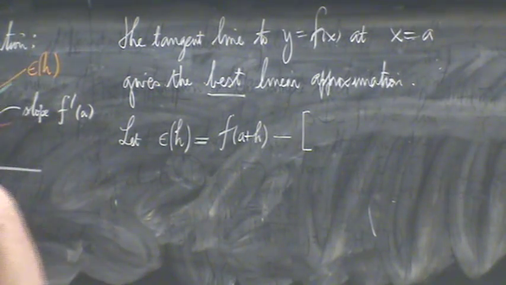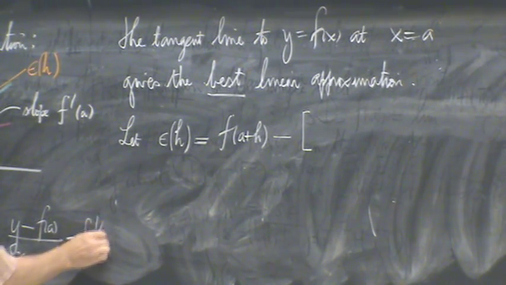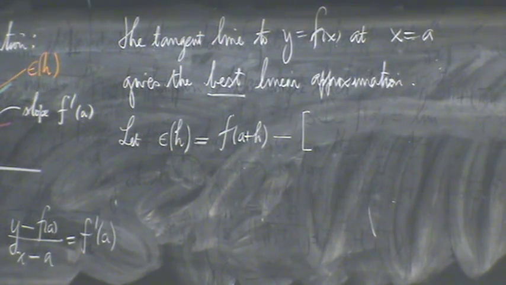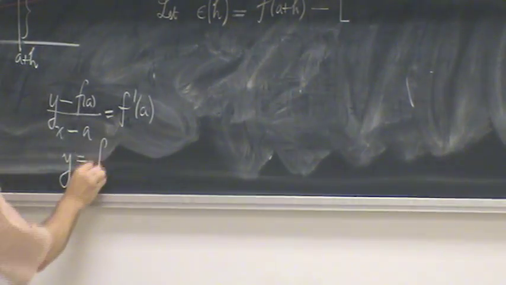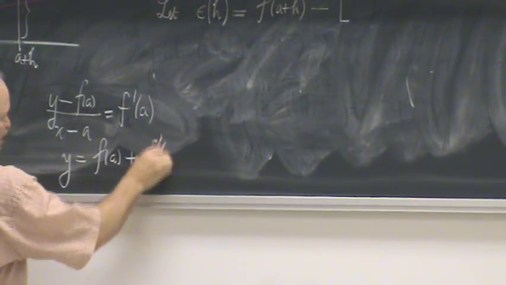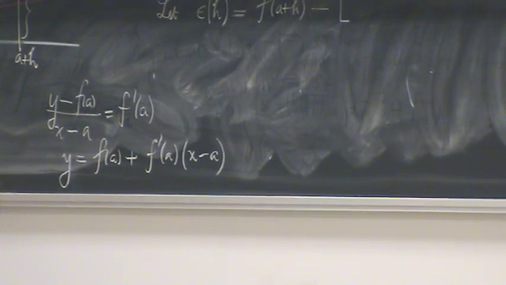Well, remember point slope? y minus f of a over x minus a is slope. So the tangent line is given by y equals f of a plus f prime of a times x minus a. Everybody remembers this, right?